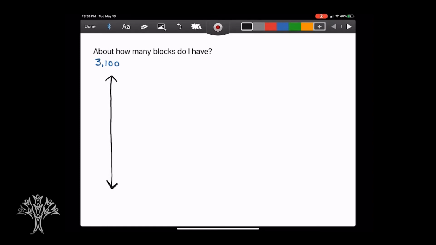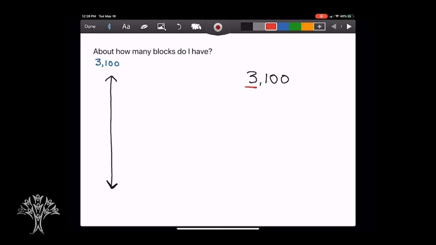Now, our first step after drawing the vertical number line is we need to figure out what the endpoints are. So when I'm talking about endpoints, I'm talking about the number 3,100. What are the two thousands that this number happens to be in between? So let's think about place value. The thousands place is right here.